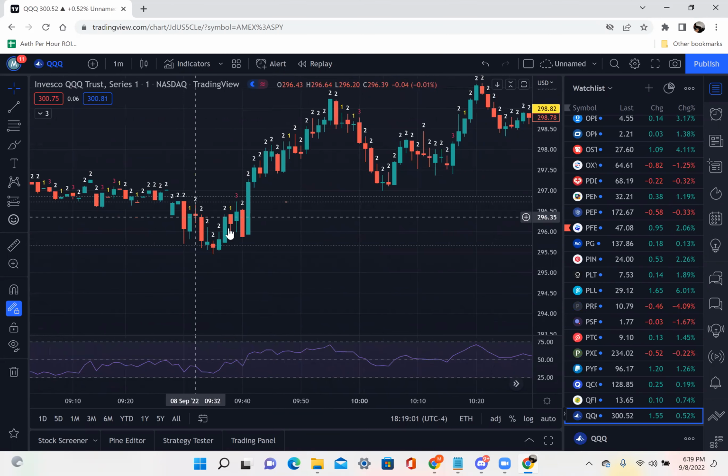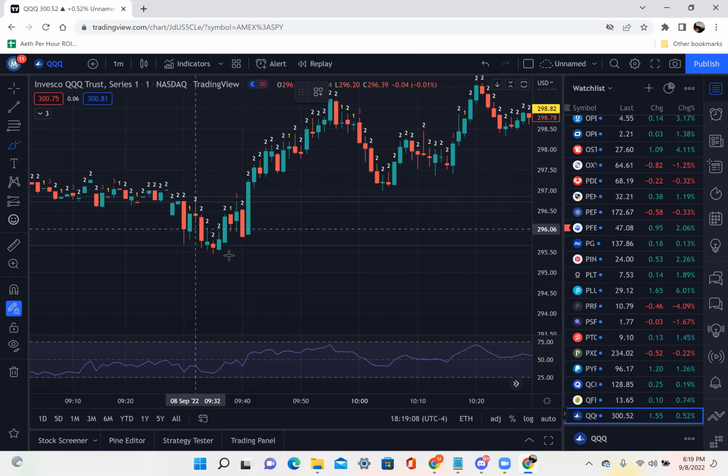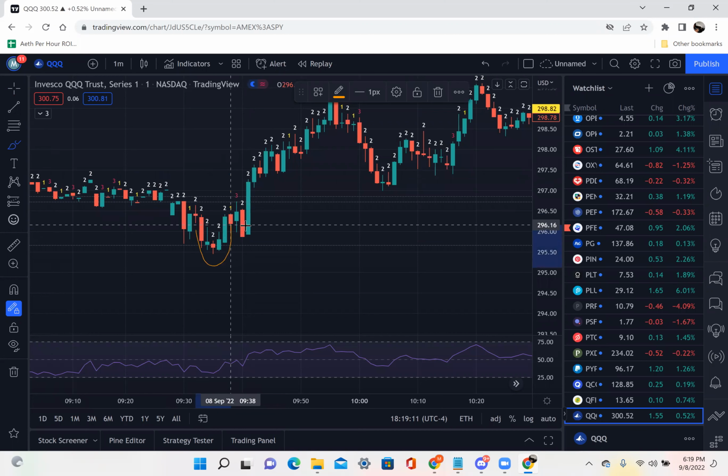Cup and handle. Can you see that clearly? All right, I'm gonna take it as yes after I draw it: cup, handle, and it breaks out. This is also an inverted head and shoulders. I just don't want to feel like I'm not talking about what I said I was going to be talking about. But yeah, that's a cup right here.